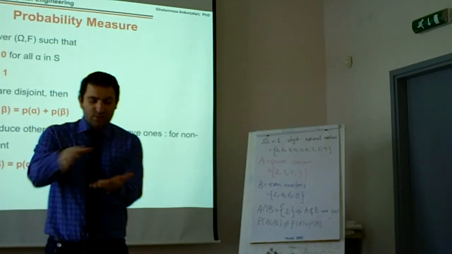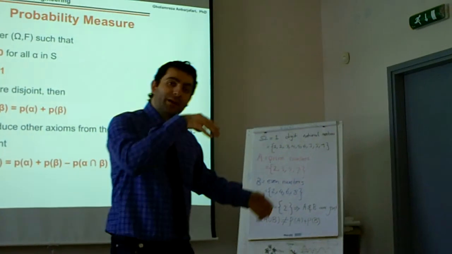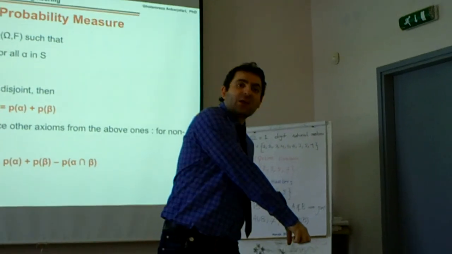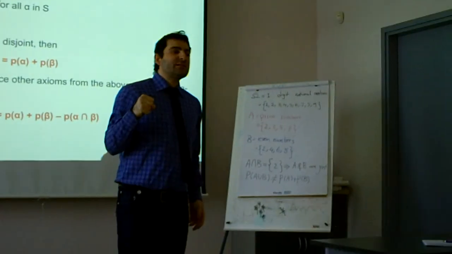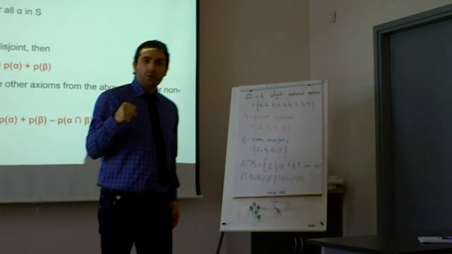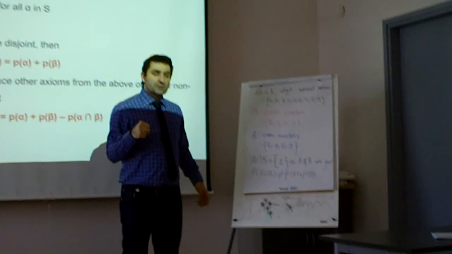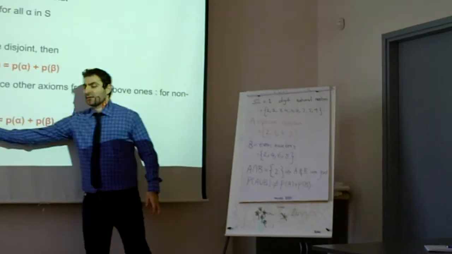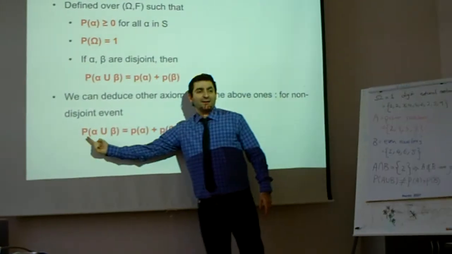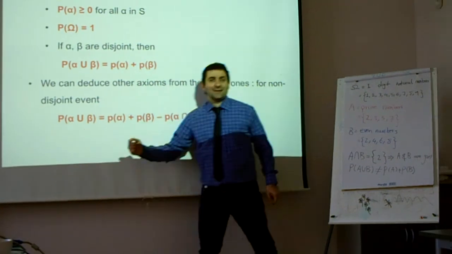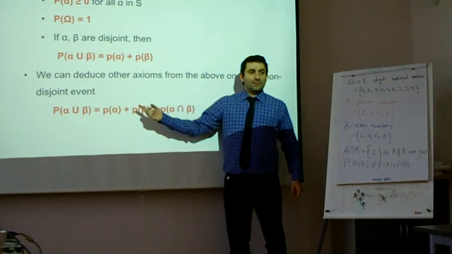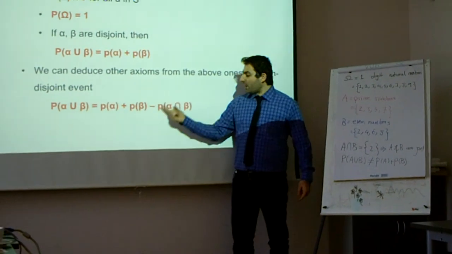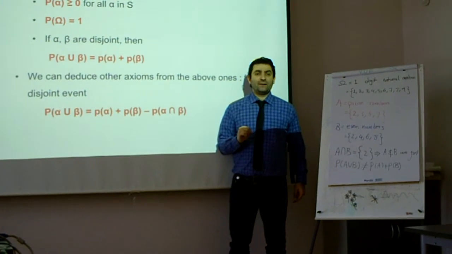In other words, what is the probability that I put my hand inside this bag and pick up a number which is even or prime? In that case, we are using this formula: probability of A or B is probability of A plus probability of B minus the probability of the joint.